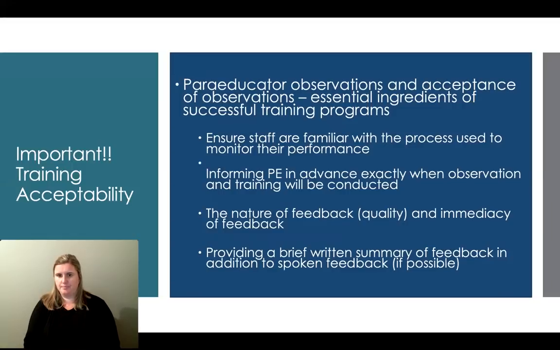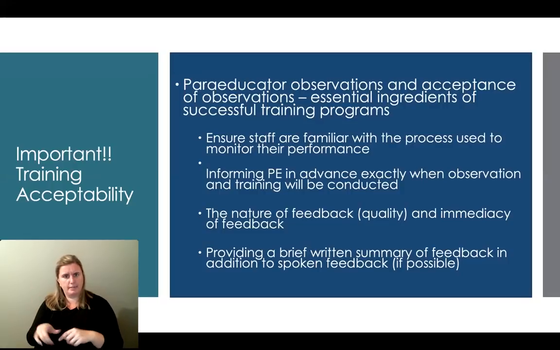Another important component not to dismiss regarding training effectiveness is the acceptability of the training by those receiving it. So peer educator observations and acceptance of observations are essential ingredients in successful training programs. We must ensure that staff are familiar with the process used to monitor their performance, informing peer educators in advance exactly when the observation and the training will be conducted.